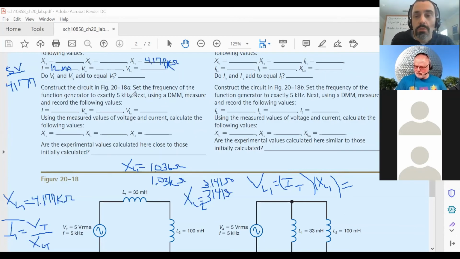All right, so give me VL1 using this equation, and give me VL2. Who hasn't?